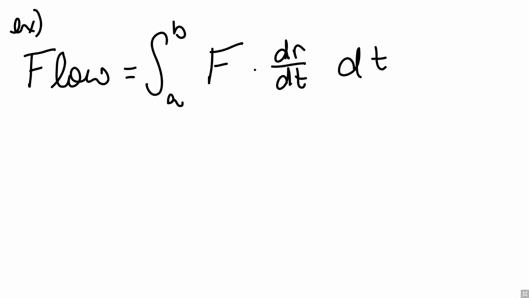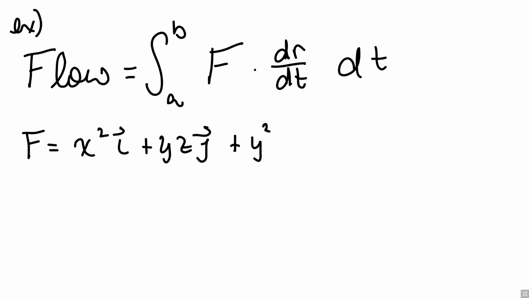The force they give us is t squared in the i direction plus yz in the j direction plus y squared in the k direction. Now, the curve is defined as 3t in the j plus 4t in the k.